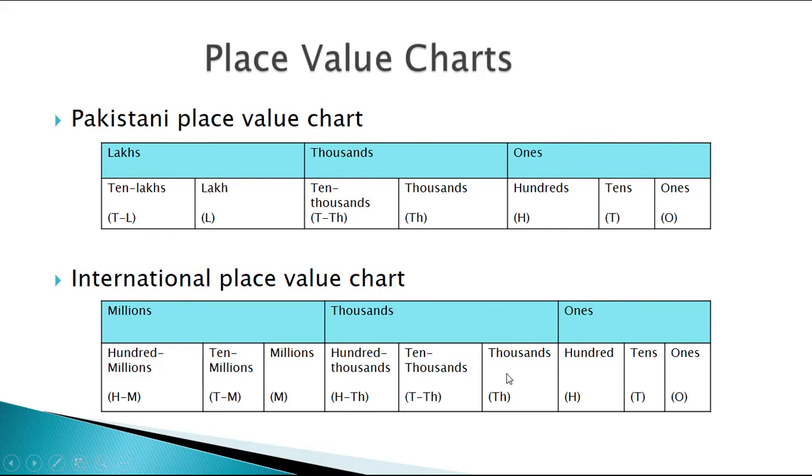In thousands, also three sub places: thousands, 10,000s, and 100,000s. In millions, also three sub places: millions, 10 millions, and 100 millions. Millions are denoted by M, 10 millions by TM, and 100 millions by HM.